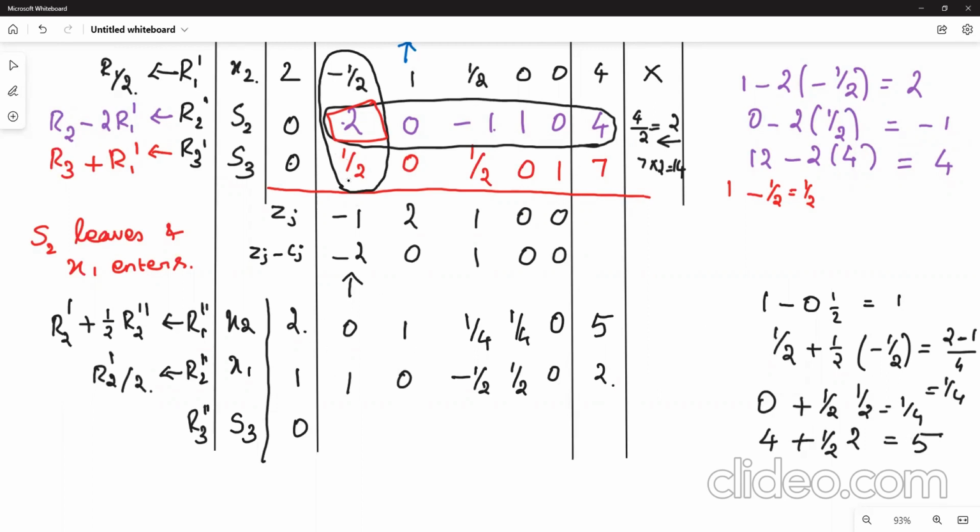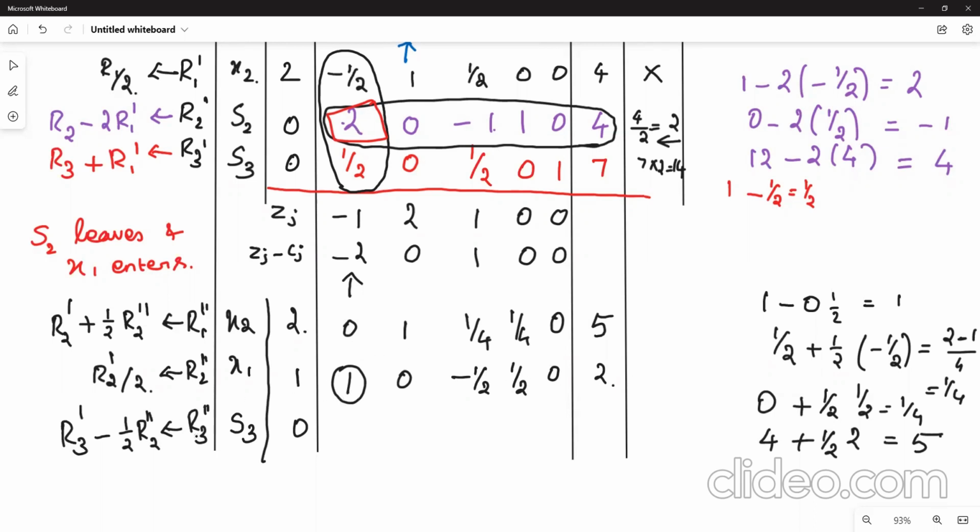Next, I have to make this entry 1 by 2 to be 0. For that row operation, what I should perform? Here 1 by 2, here I have 1. Okay, when this 1 by 2 will become 0? So when I multiply this 1 with 1 by 2 and when I subtract both. So R3 double dash is nothing but R3 dash minus 1 by 2 R2 double dash. Okay. Remember the remaining entries of that leading column, I should make 0 only by performing row operation with newly formed pivotal row.